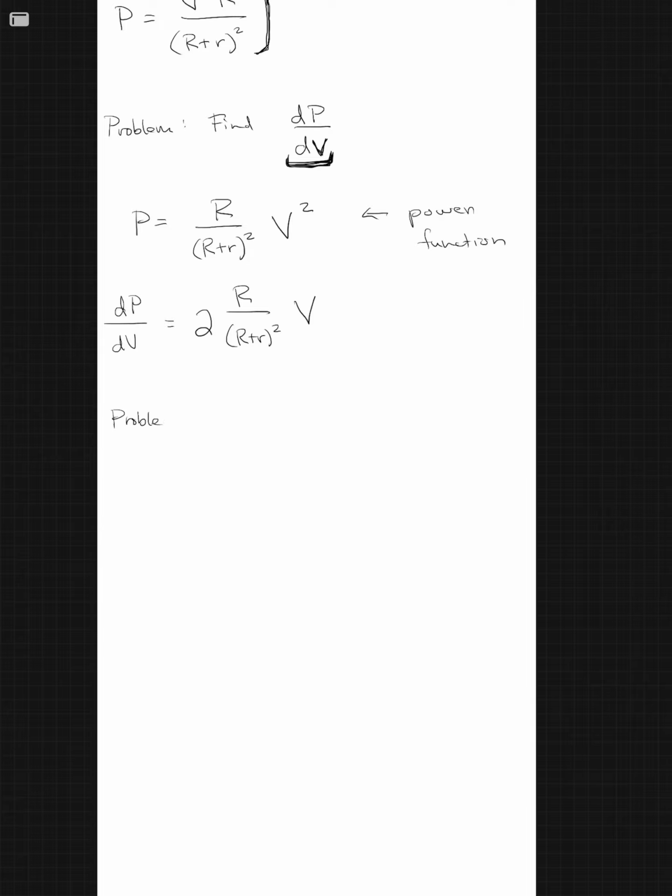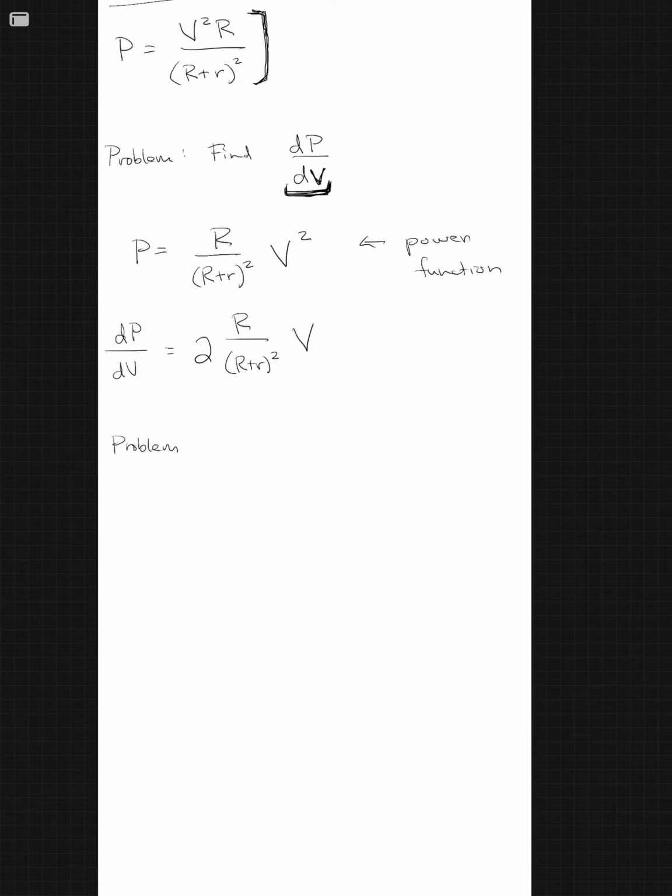If our problem is to find dP/dr, that looks like we might need the quotient rule, right, because r is on the bottom of a fraction.